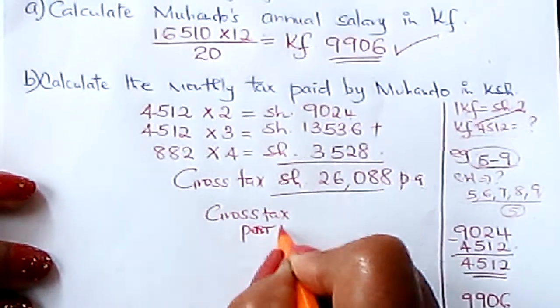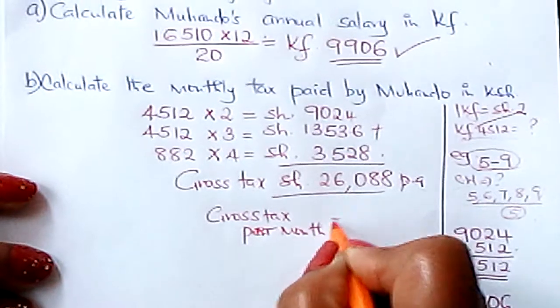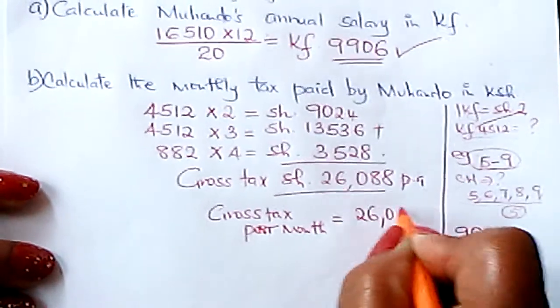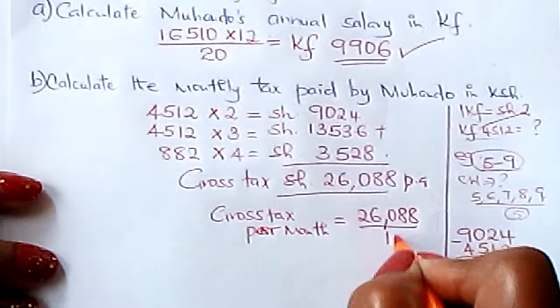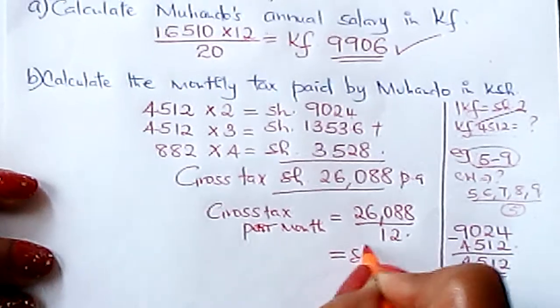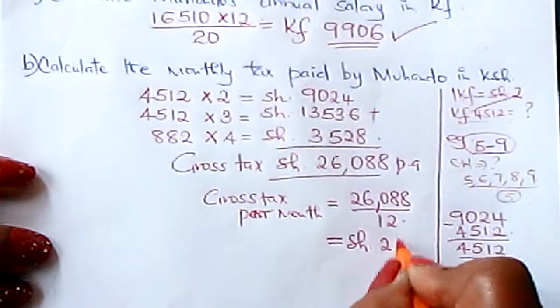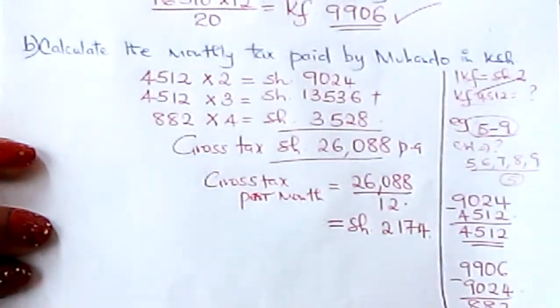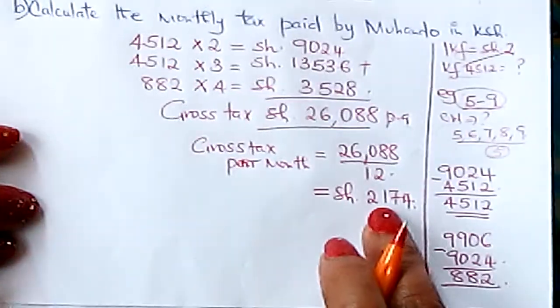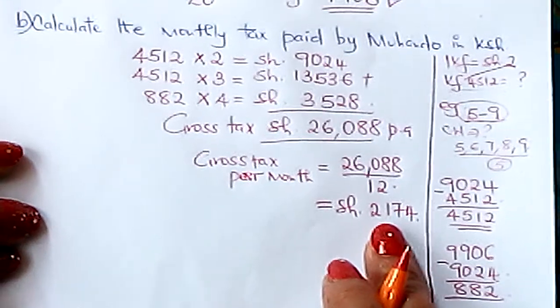You come and see it is 26,088 divided by 12 months, and therefore the gross tax per month, Lana, should be 2,174.